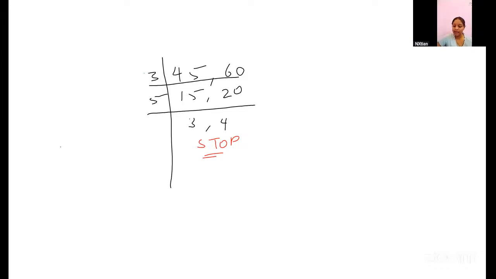Outside I have 3 and 5. Multiply 3 and 5, how much? 15. Okay. So this is how we solve for the HCF using the division method.